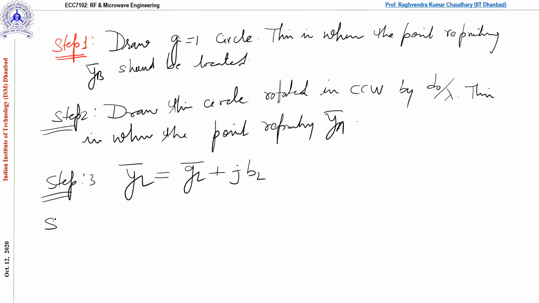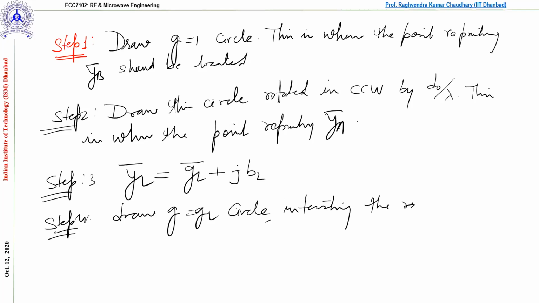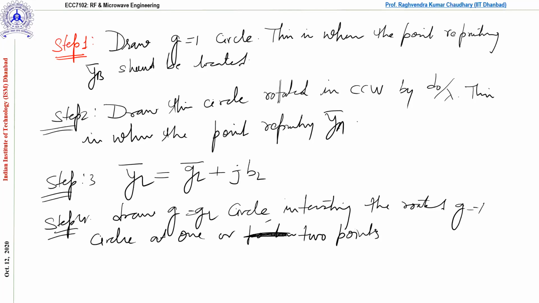Step four: draw the G equal to GL circle, which will intersect the rotated G equal to 1 circle at 1 or 2 points, where YA bar is equal to GL plus jBA.